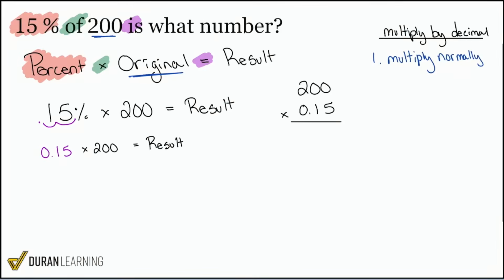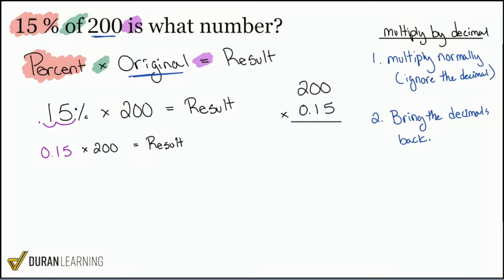Then step 2, after we're done multiplying, we are going to bring the decimals back. So let's follow this little plan, see what we have, and move forward.